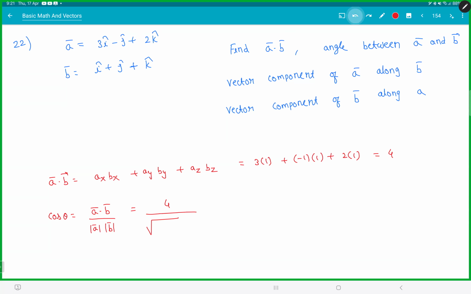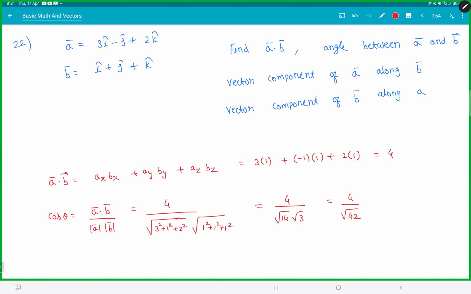So take a vector and get the squares of the coefficients: root over 3 square, 1 square, 2 square, times root over 1 square, 1 square, and 1 square. That will be 4 by root over 14 into root 3, that is 4 by root 42. You can leave the answer like that. That is the angle between them. Is that making sense, everyone?